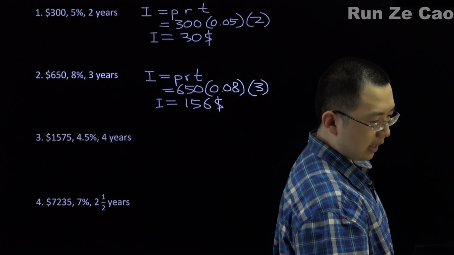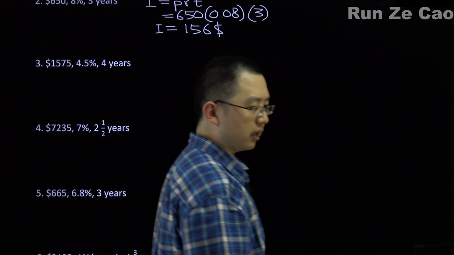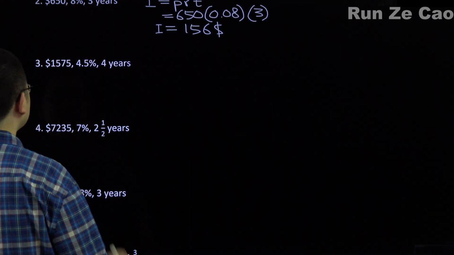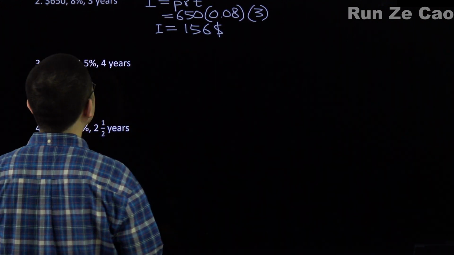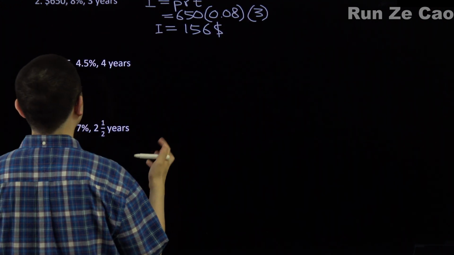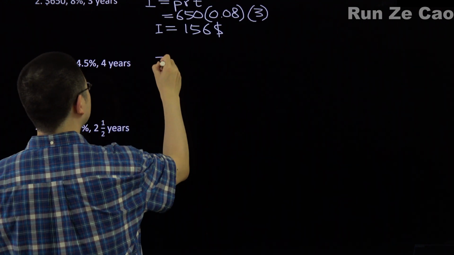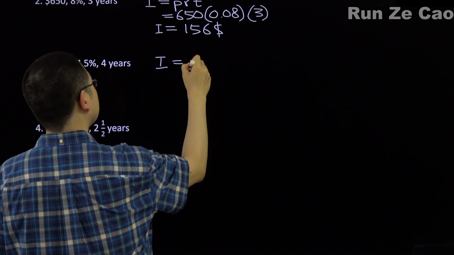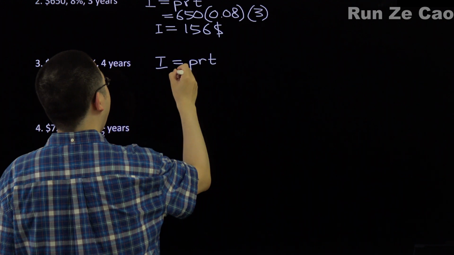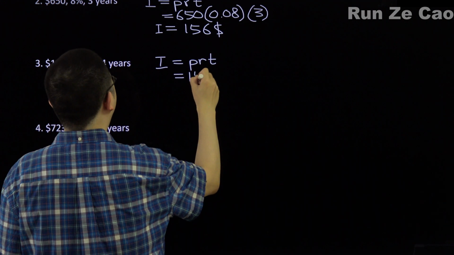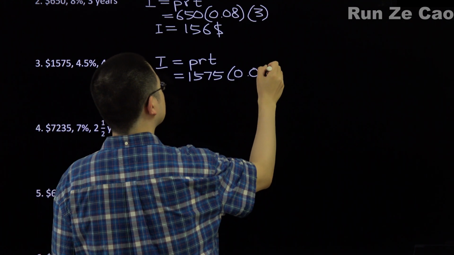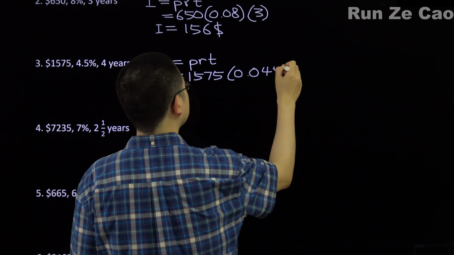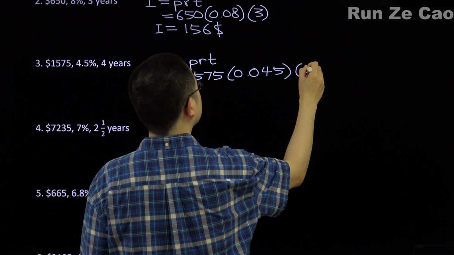Now let's say we have a rather bigger deposit and a slightly lower interest rate, because 8% is pretty high. PRT: 1575 times 0.045 times 4 years.